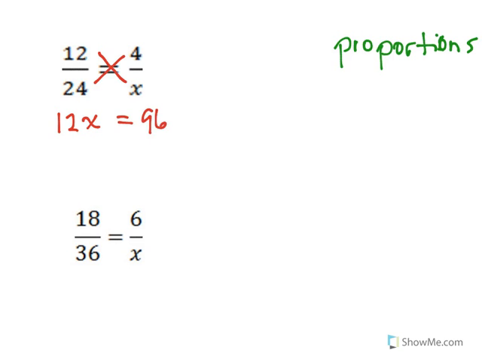So we have 12x equals 96. We want to get the x alone, so we'll divide both sides by 12 now. And we get x equals 96 divided by 12, which is 8. So x equals 8. Okay, give the second one a try now.